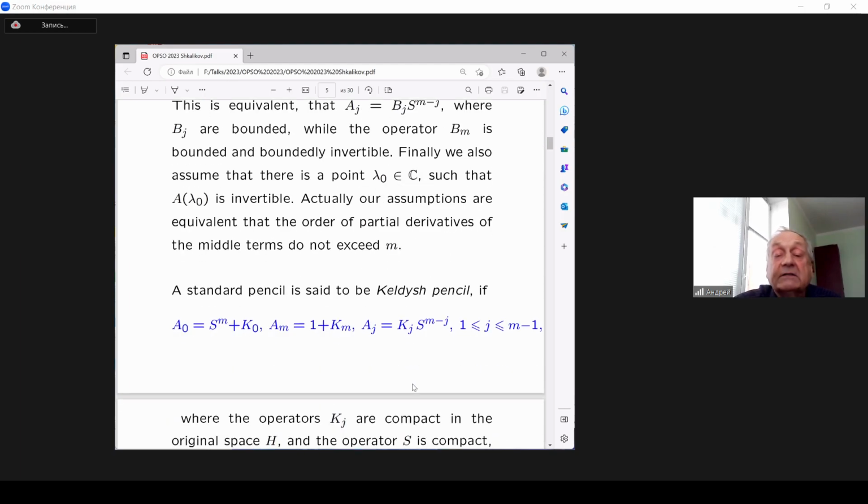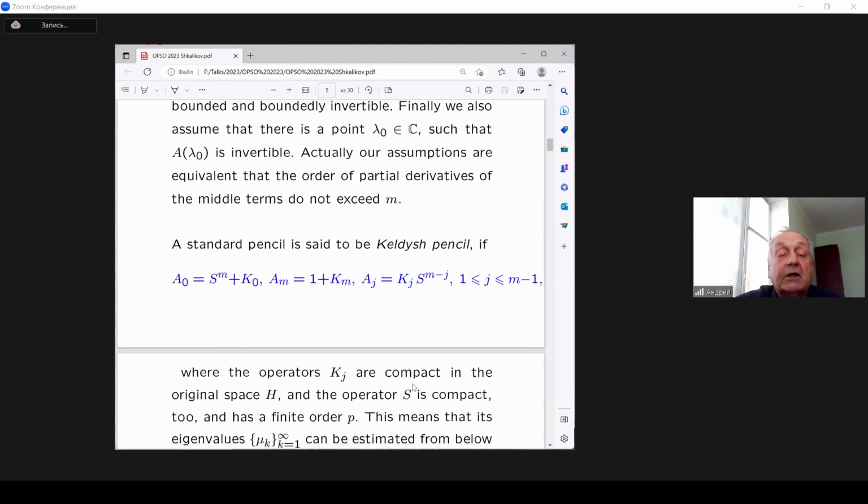A standard pencil is said to be a Keldysh pencil if it has a much simpler form. A_0 is a positive self-adjoint operator S to the power m plus K_0, where K_0 is compact. A_m is identity plus compact, and A_j are compact operators times S to the power m minus j.